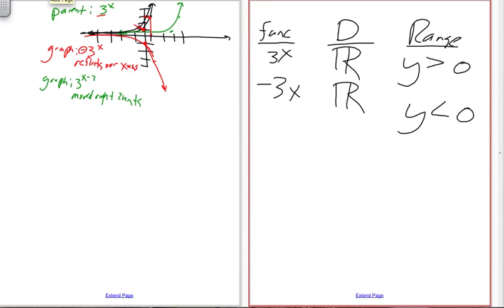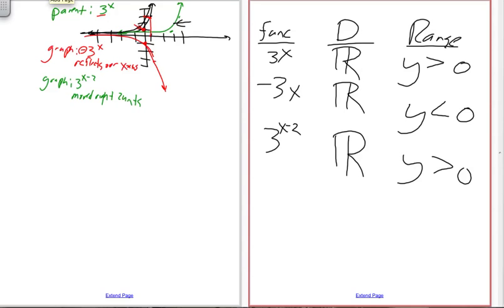Okay, and then the last thing, let's take a look at 3 to the x minus 2, which is the green one right here that we shifted right. Again, my domain is all real numbers, and my range is going to be y is bigger than 0.